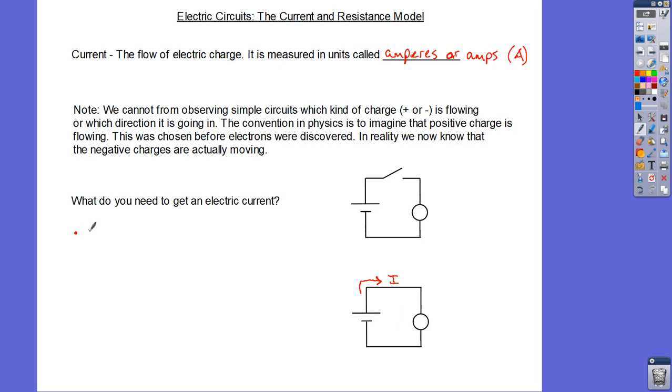So we know we need a voltage source, which for us is always going to be a battery. And we have to have basically a path from one end of the voltage source or the battery to the other that is unbroken, a complete route or a circuit. So we need a complete circuit.